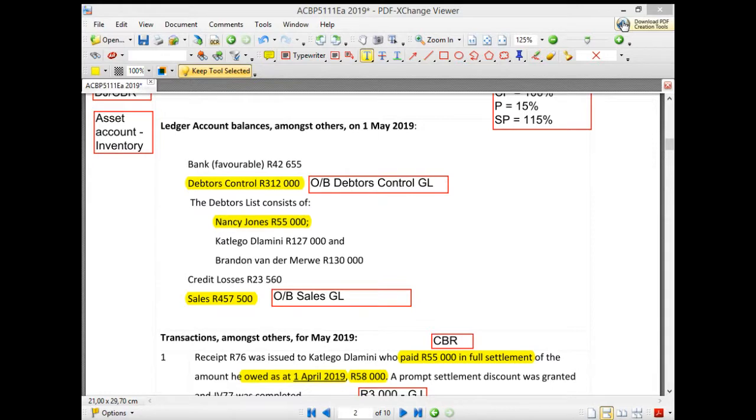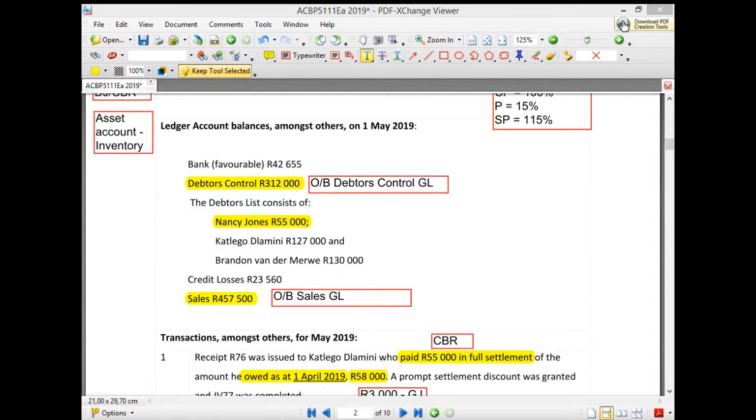So if I scroll down to my debtors control, we know we're debiting that amount. Okay, so this is the 63,000 that was at the top. And you see we say DJ, which is your debtors' journal, and we account for that amount.